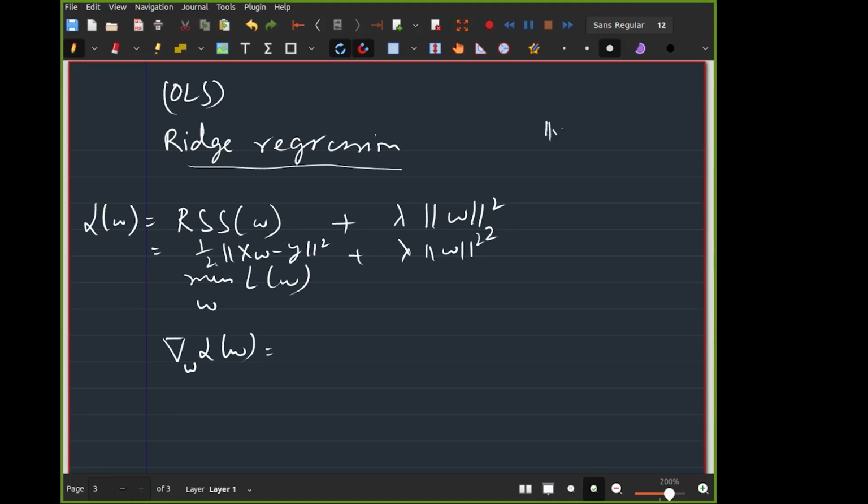And of course, norm of X squared is just equal to X transpose X. So you can use this property and find the derivative or gradient of this loss function. And what you'll eventually get, let's say I remove this half from everywhere, so this is the loss function, is that the gradient is twice of X transpose X times W minus X transpose Y, plus lambda times W. So this is your gradient.